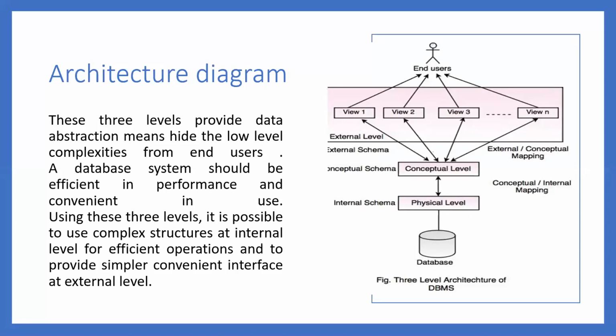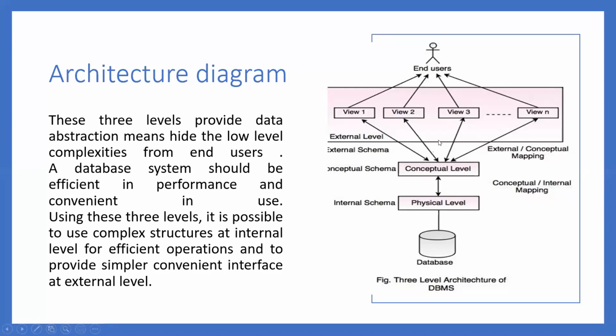Now from this picture you can see the physical level. It shows the notation for database management system, meaning all the data is stored there. The conceptual level is just above the physical level. Here we know the logical relationship between databases, so that's why it is also called the logical level, where we can explain all the data models.